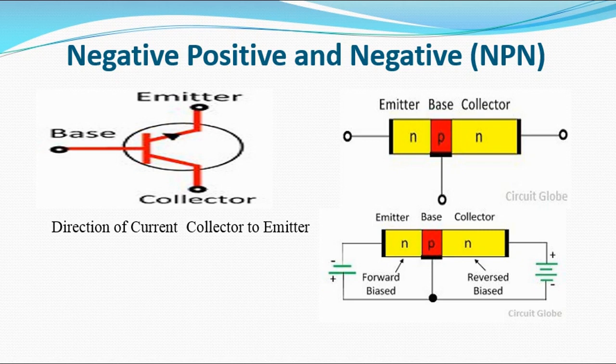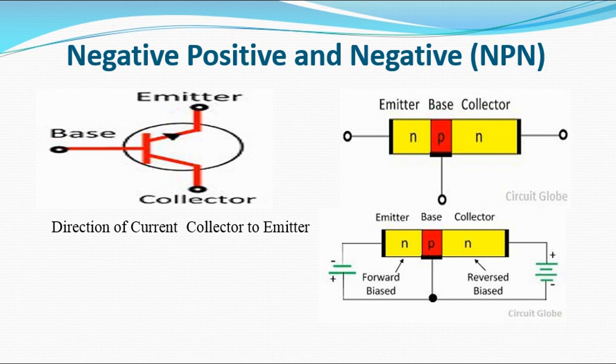The forward bias junction, which I really want you to understand, means the P-type material of the transistor is connected to the positive terminal of the supply, and the N-type material is connected to the negative terminal of the supply.